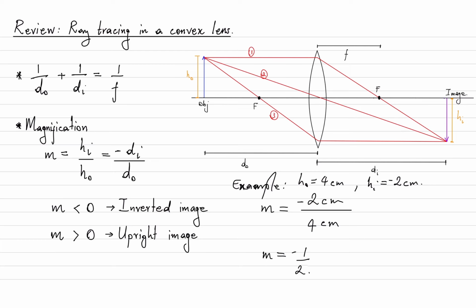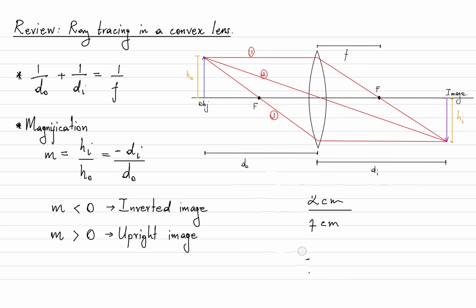Moreover, the number here is smaller than 1, so the height of the image is smaller than that of the object. So this lens would be a lens that shrinks the object. In other words, the image is going to be smaller than the size of the object. This is just an impromptu example to convey the idea of what we mean by magnification.